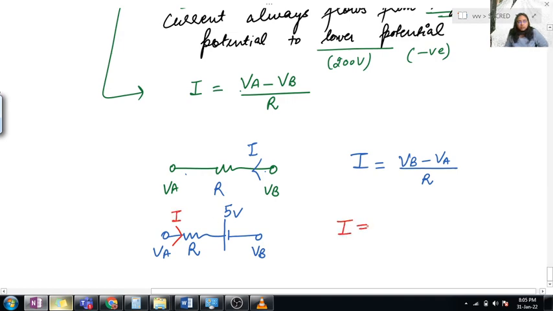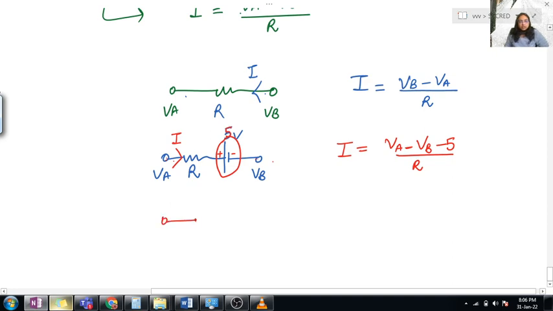I would be equal to VA minus VB, higher to lower, and since a battery is connected in between, we take the second sign of the battery, that is minus 5, divided by R. It is positive and it is negative, so we will always consider the second sign of the battery. Clear this thing?